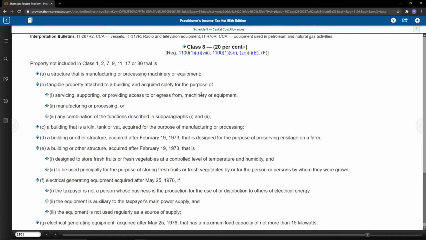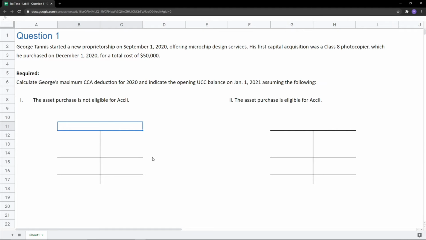Let's go back to the question. You'll note that I've already created T accounts for the UCC balance for a Class 8 asset, and this will be at 20%. We'll start off with requirement 1, where the asset purchase is not eligible for the accelerated investment incentive. Our opening UCC balance is going to be 0 because this is the proprietorship's first year of business.